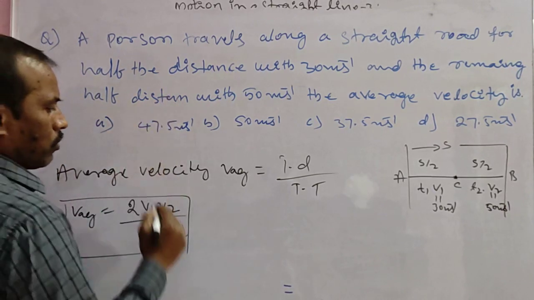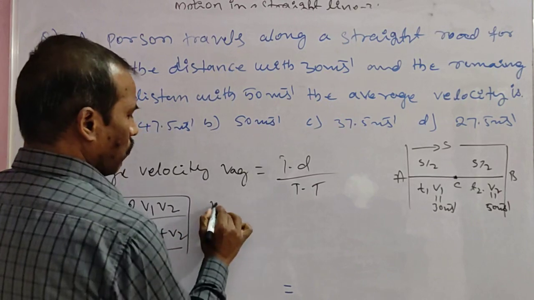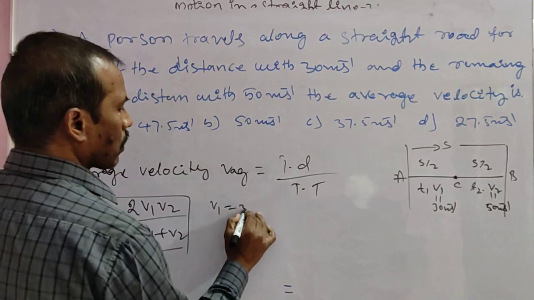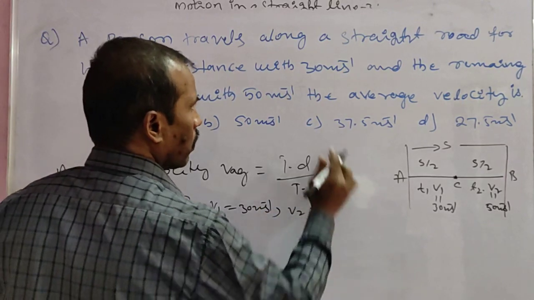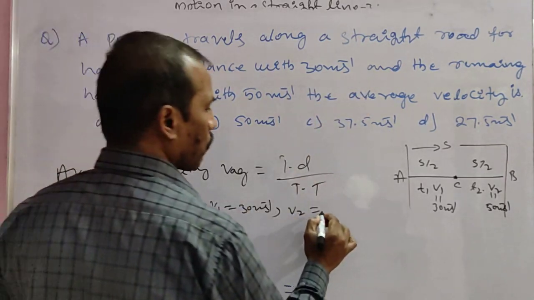Now in this problem, v1 is equal to 30 meter per second and v2 is equal to 50 meter per second.